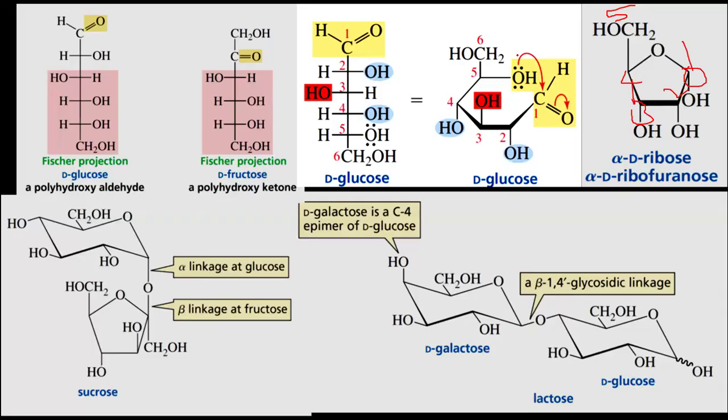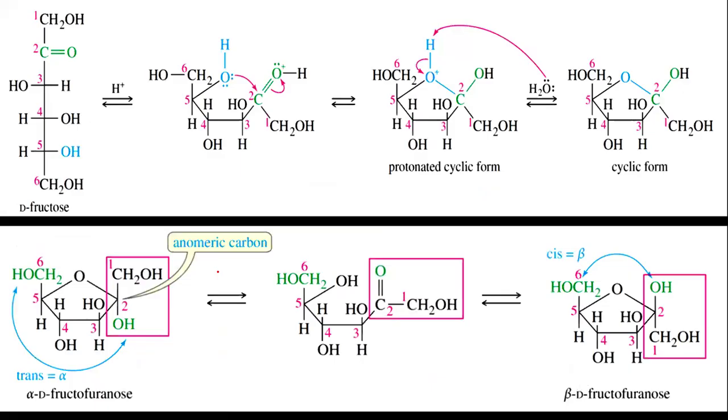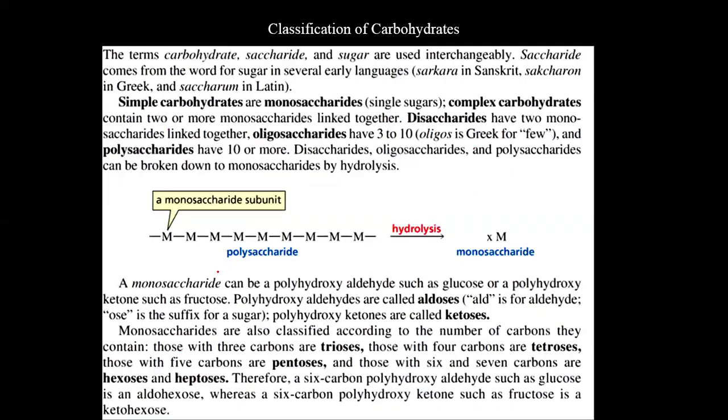So I call ribose a pentose sugar, and I call glucose a hexose sugar because it has 6 carbons in it. This is the third means of classifying your sugars. I hope you understand what is going on.